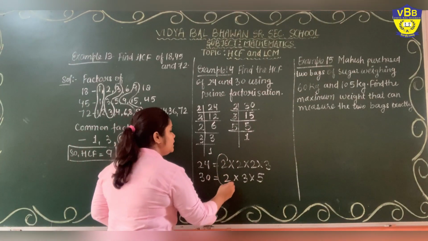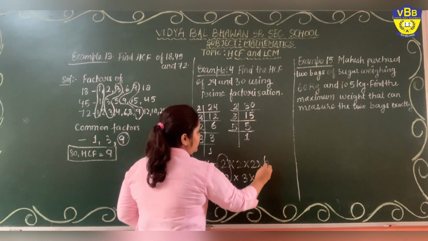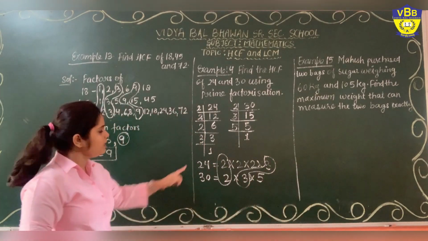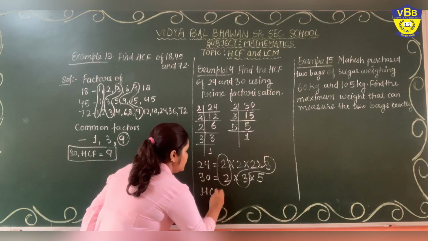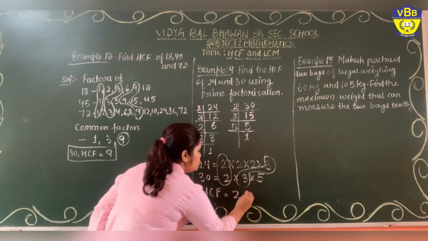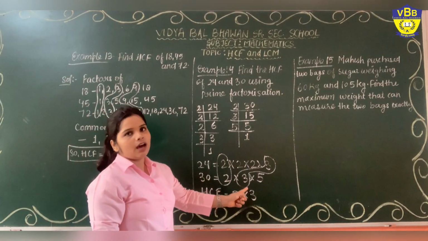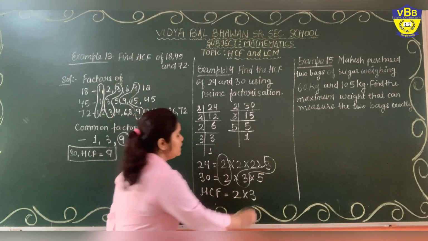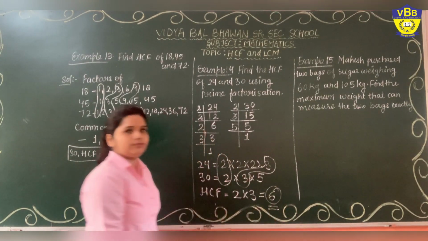Common prime factors here are 2 and 3. No other prime factor is common in both the numbers. So HCF will be the product of these two common prime factors. 2 and 3 are common prime factors. So the answer will be 2 multiply 3, that is 6.